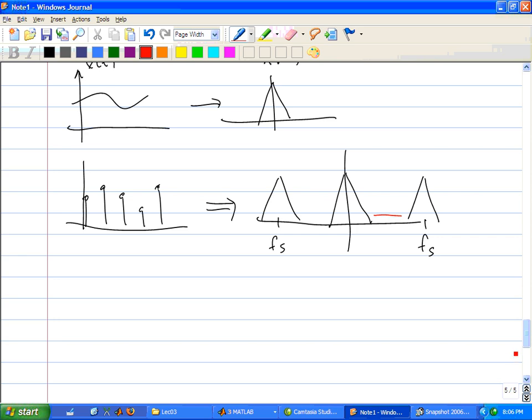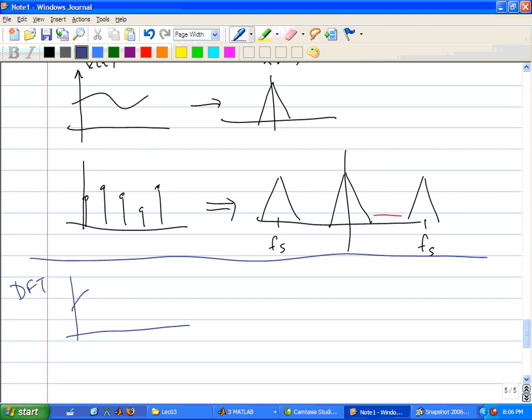So now for the DFT, we started with a signal that was continuous in frequency, which means that in the time domain, it had some number of samples, let's say.